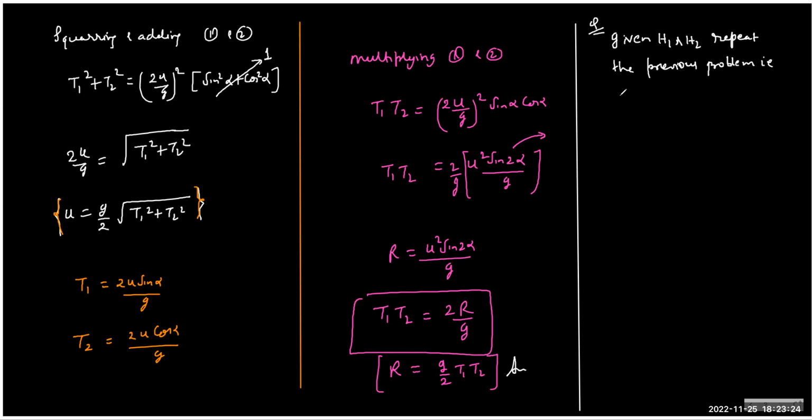That is find U, alpha, R. But now in terms of H1, H2. Remember now T1, T2 is not known to you. You have to use H1, H2. Could you please proceed and tell me the answer?